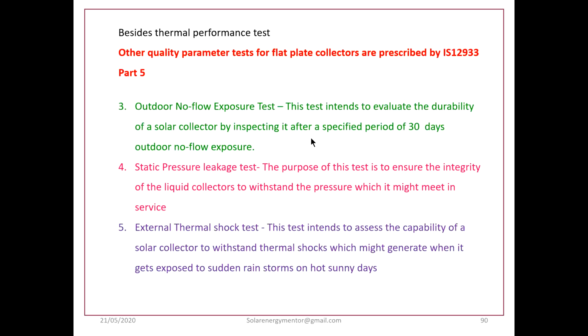It has to be 4 kilowatt hour per meter square per day for those 30 days. And then you check if the collector is fine in its appearance. So how it behaves to no flow and exposure for 30 days, that is the purpose of the outdoor no flow exposure test.